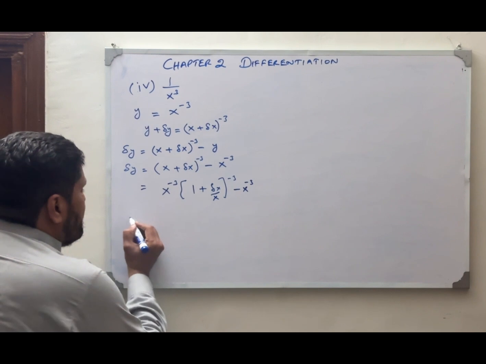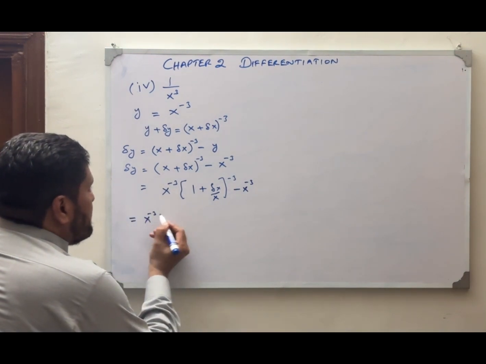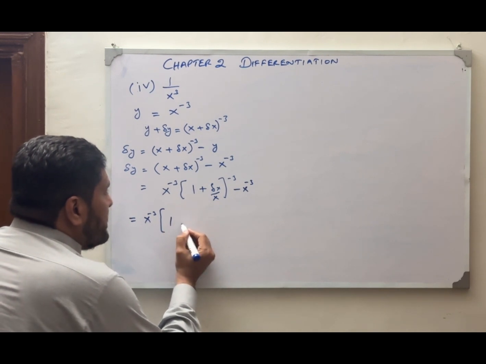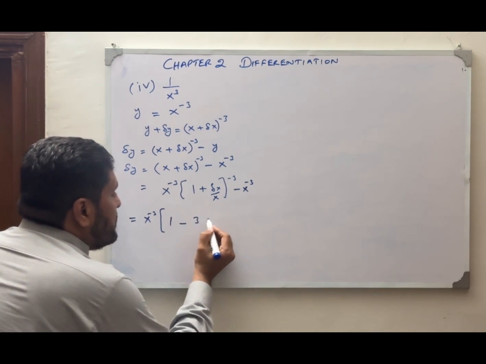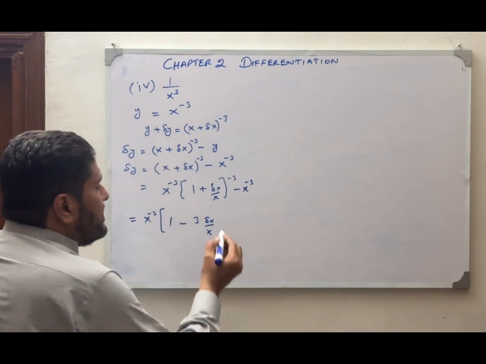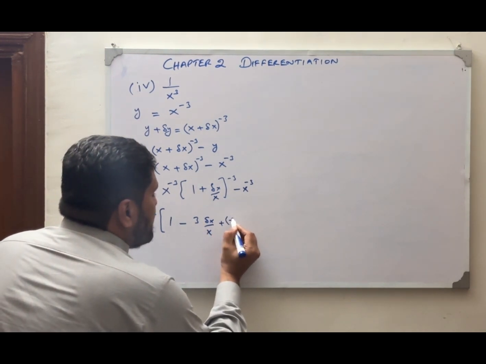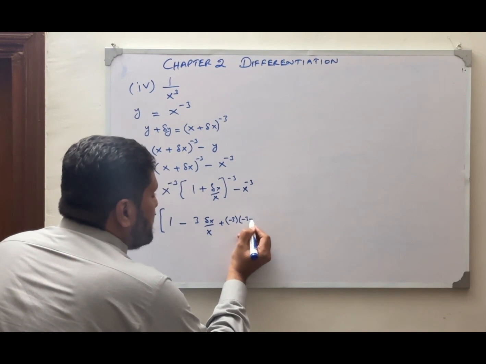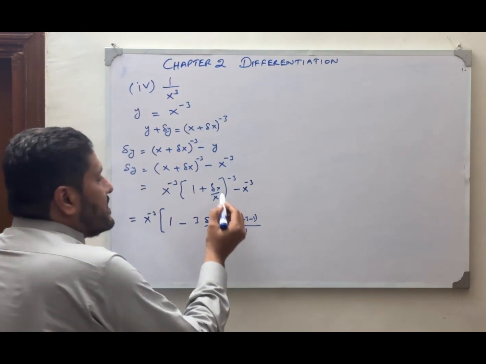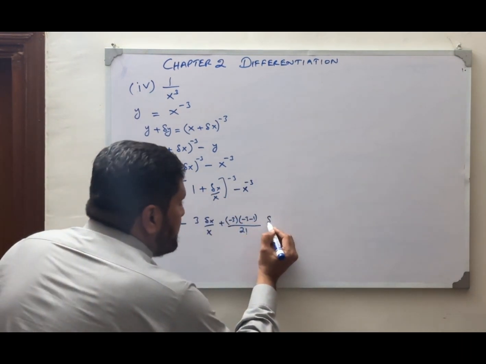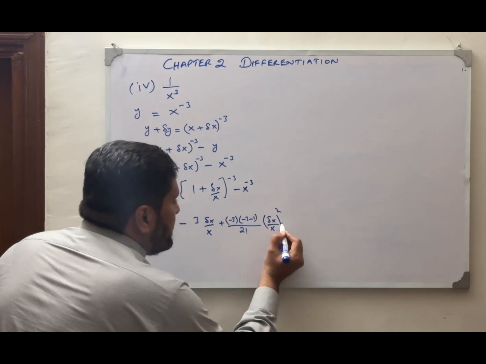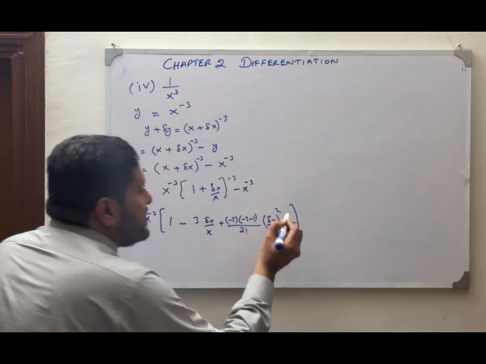So this is equivalent to x power minus 3 into 1 plus nx. So this will become 1 minus 3 into delta x by x plus minus 3 into minus 3 minus 1 whole divided by 2 factorial multiplied by delta x by x whole square, plus so on, the remaining terms in the expansion.